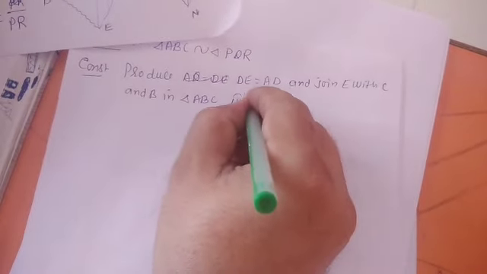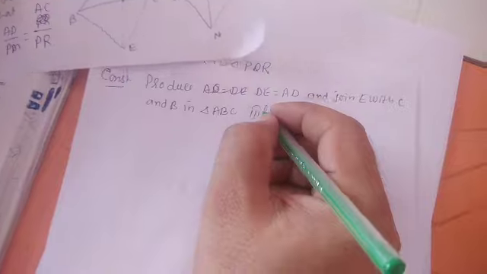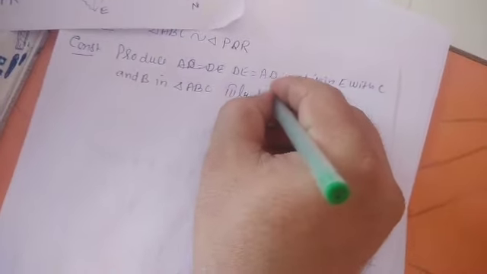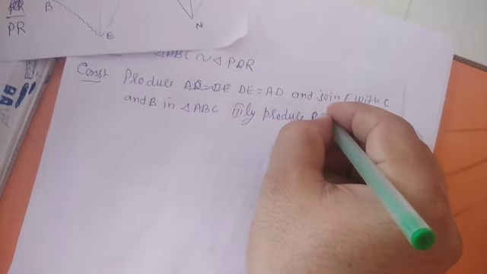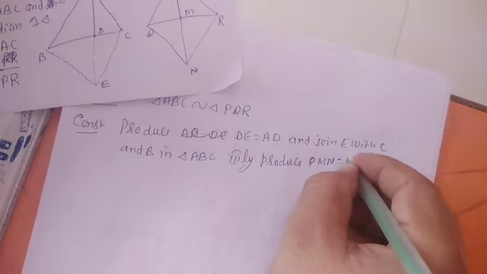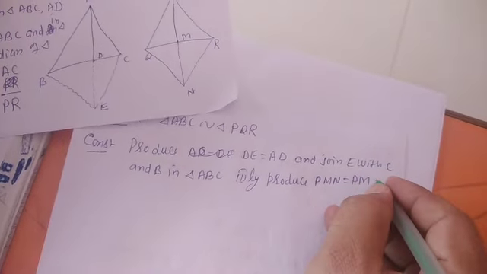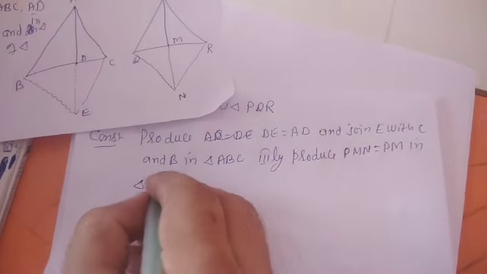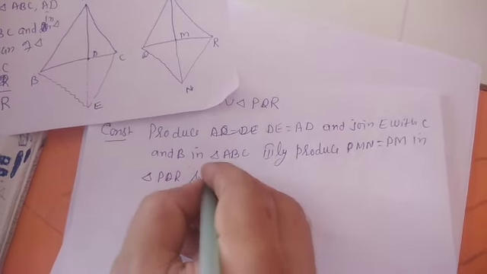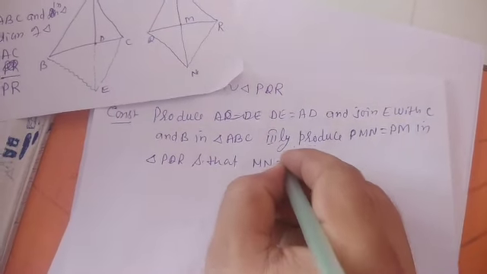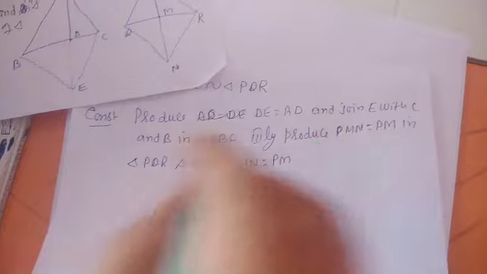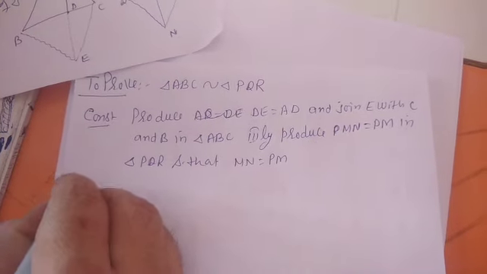Similarly, produce PM to N such that MN is equal to PM in triangle PQR. To prove, now proof.